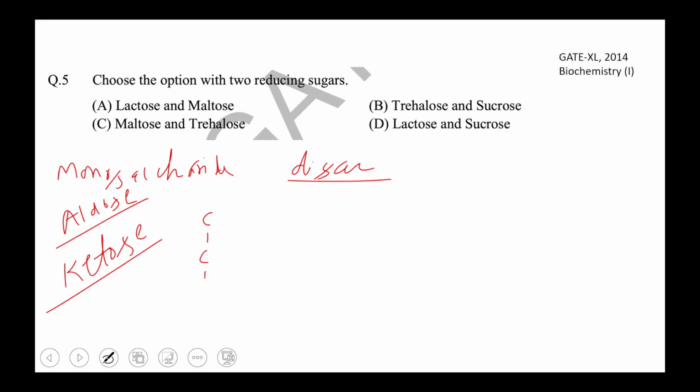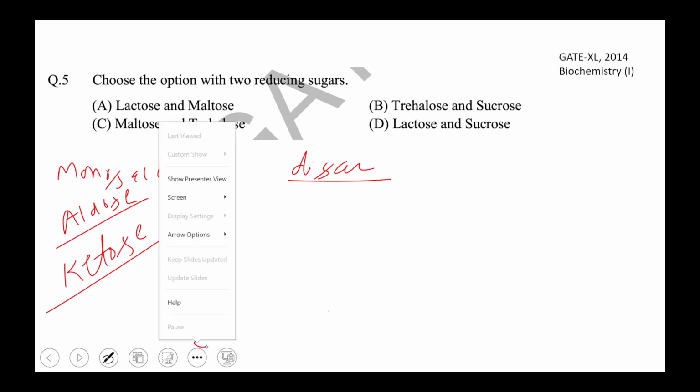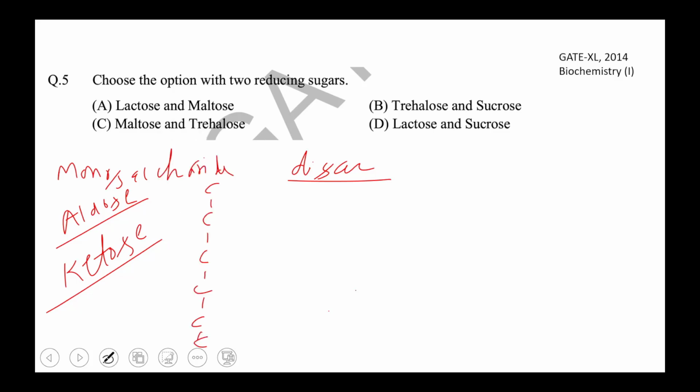They are generally a 6 carbon chain structure. Glucose is an aldose sugar, so it has an aldehyde group, and at the bottom it ends with CH2OH.